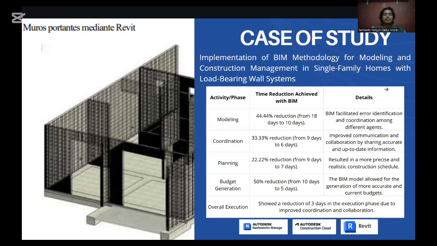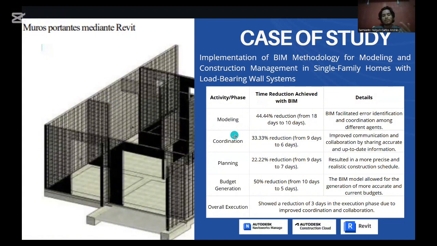At this time, we are talking about the case study from the BIM methodology. We have the implementation of this methodology for modeling construction management in single-family homes with a low bearing wall system. In this project, the use of BIM is seen in time reduction.